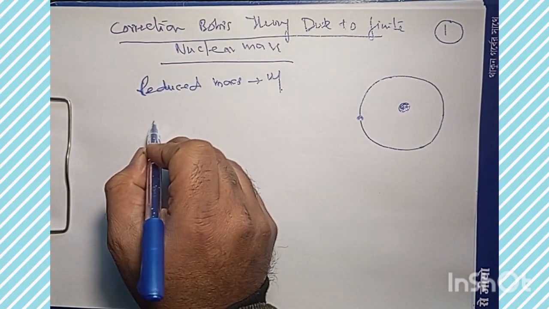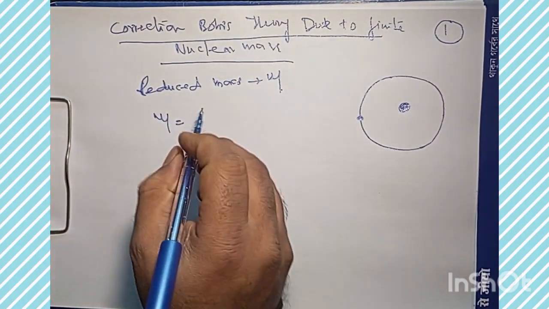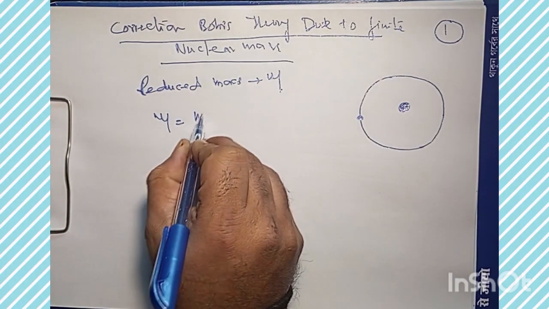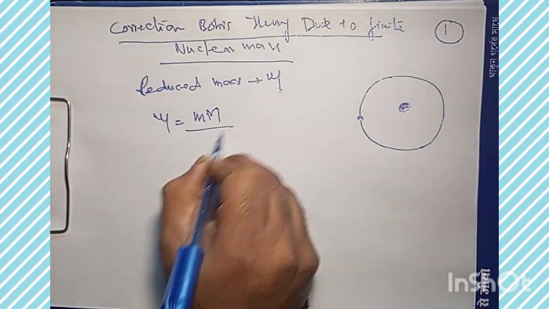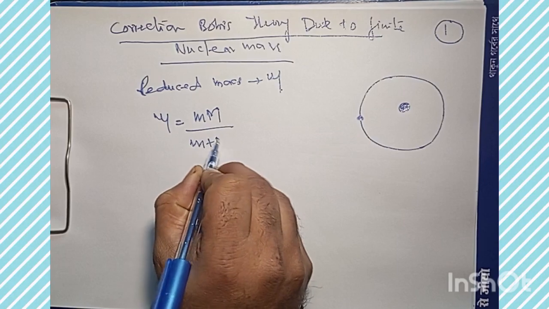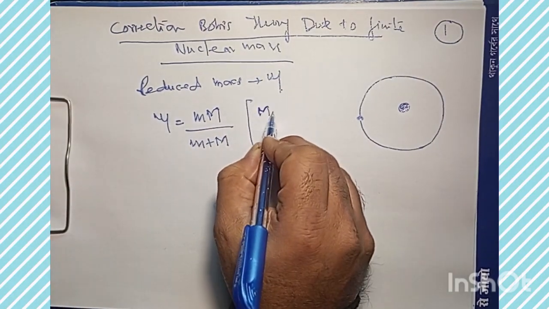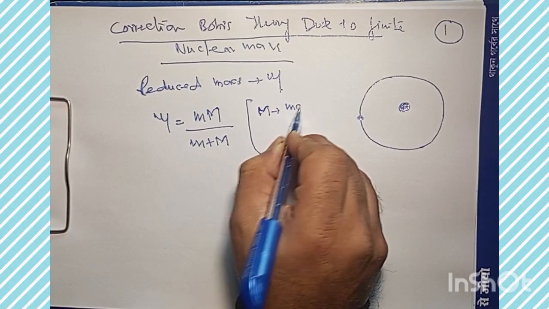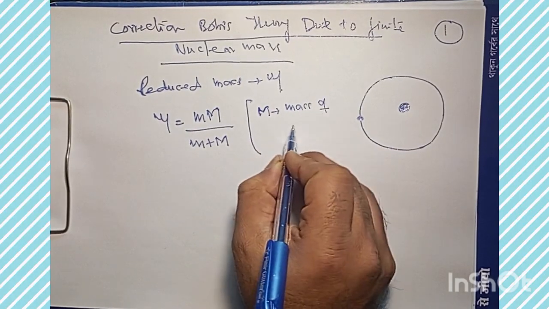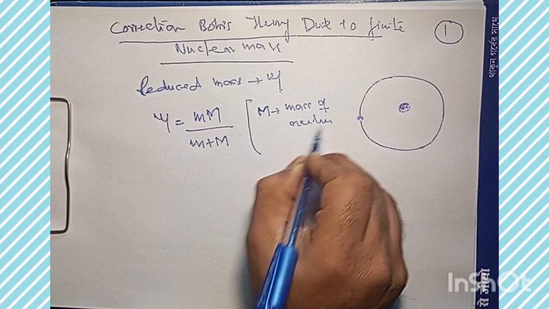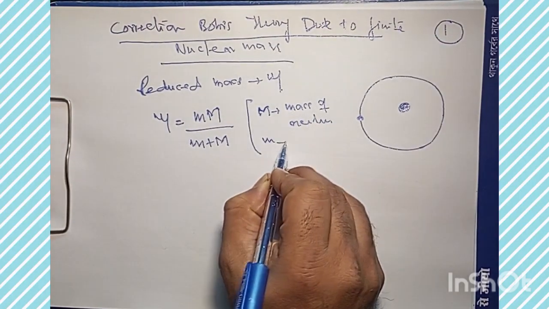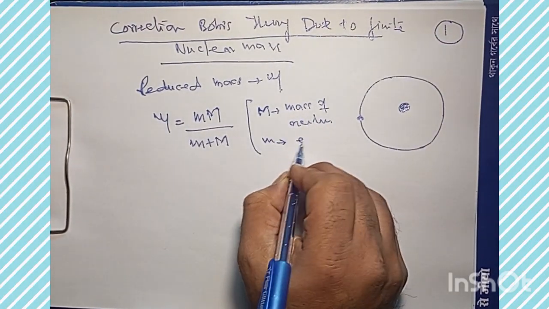And we understand that this mu is Mm by M plus m. So symbols have their usual meanings. This M stands for the mass of the nucleus, and small m represents the mass of the electron.